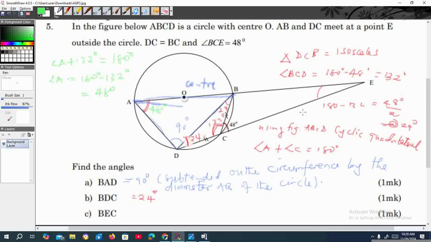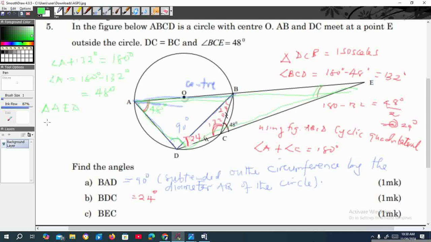And now, because we're looking for this angle here, we can now use triangle AED. This triangle here, triangle AED. Here, this one is 48. This one will be 90 plus 24. So we can calculate this.